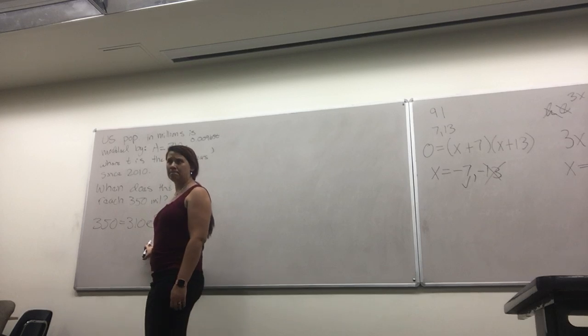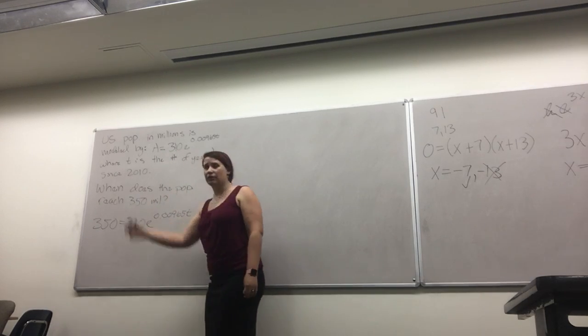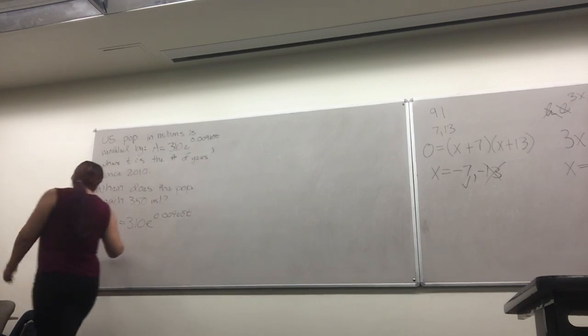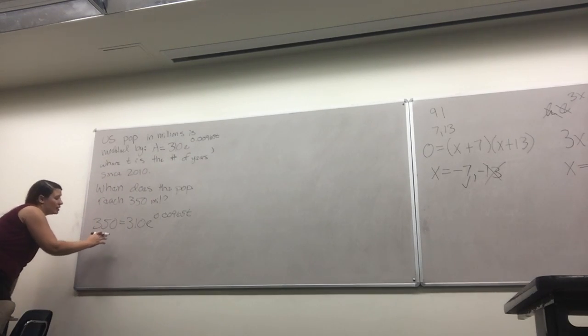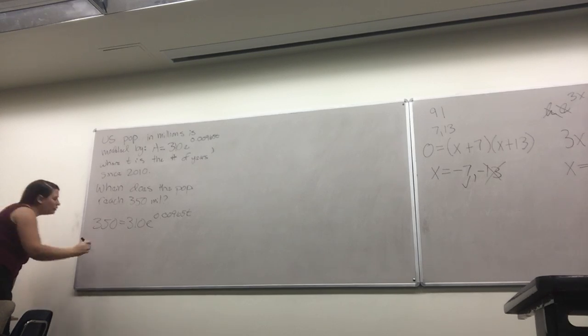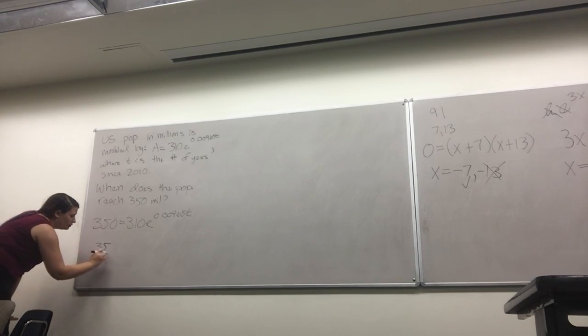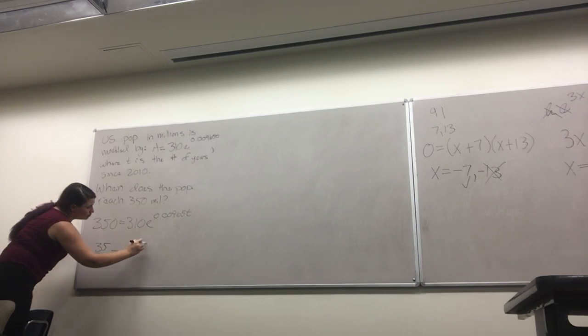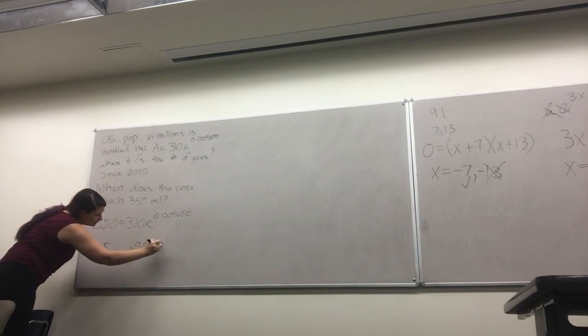So just divide the 310 over, essentially. Because we're dividing things with zeros on them, they can just cancel each other out. So we have 35 over 31 equals e to the 0.00965t.